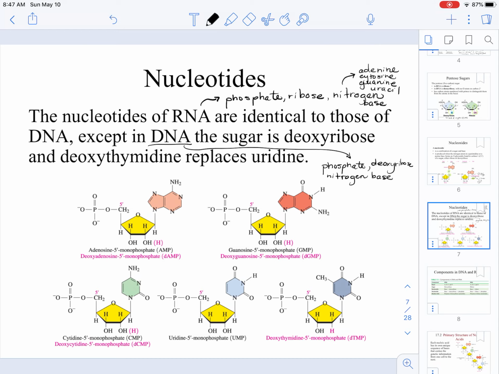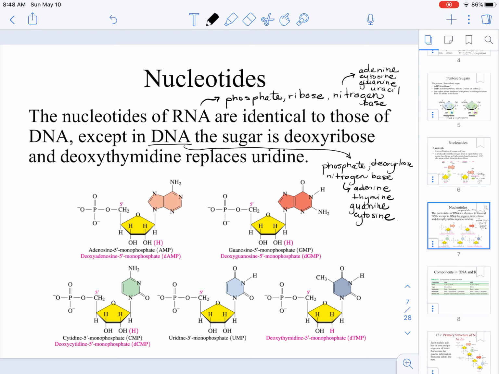The nitrogen bases that we have in DNA are adenine, thymine, guanine, and cytosine.